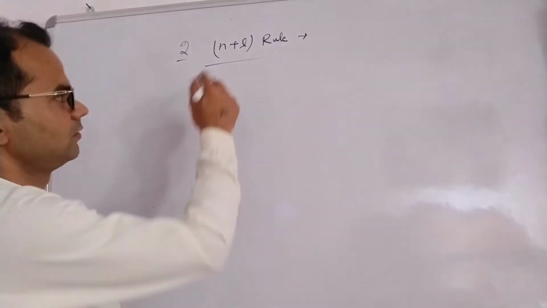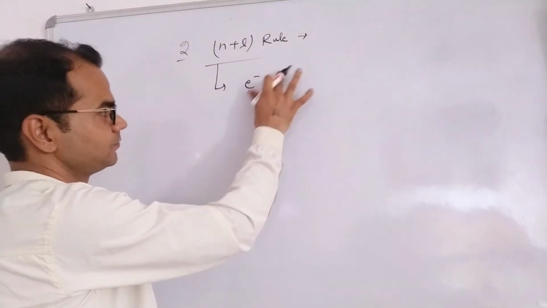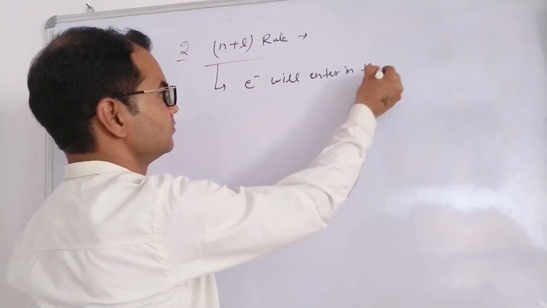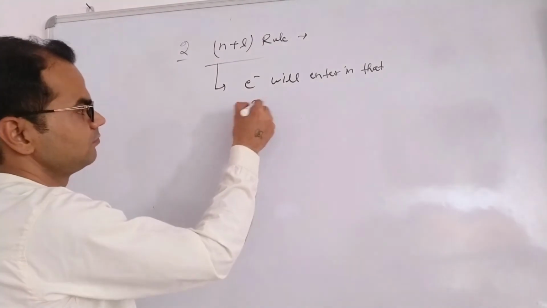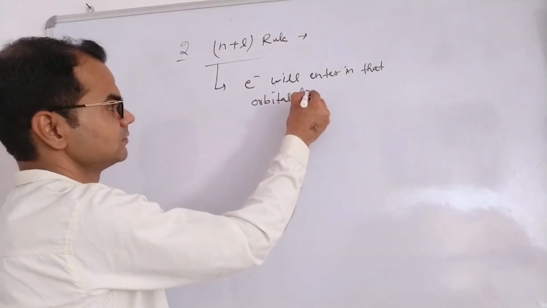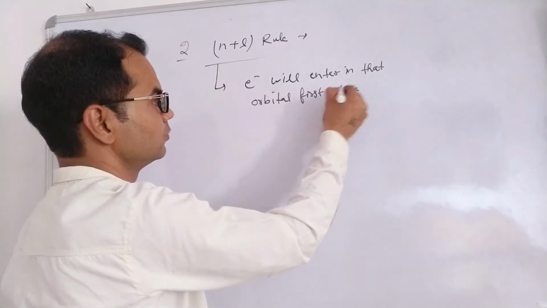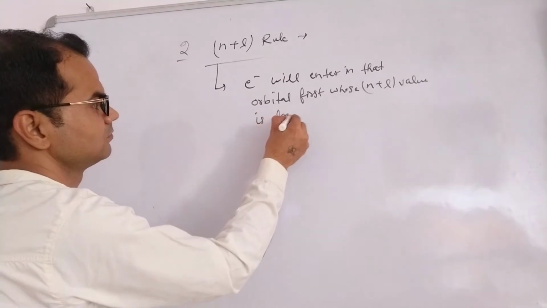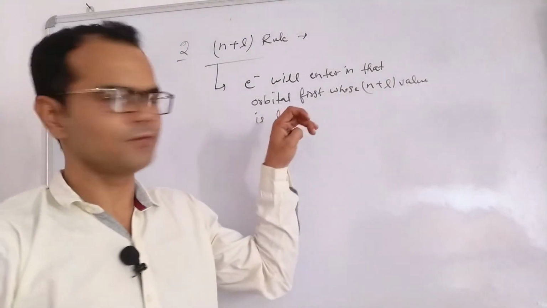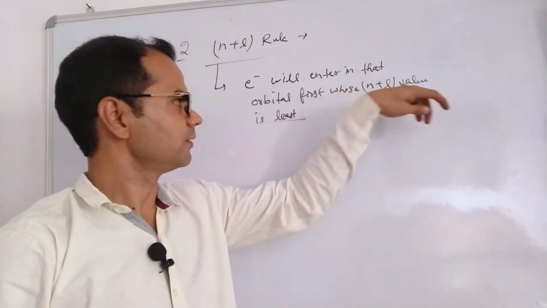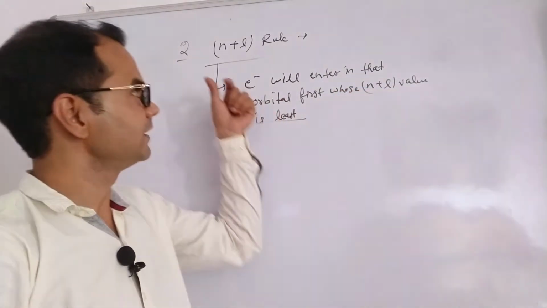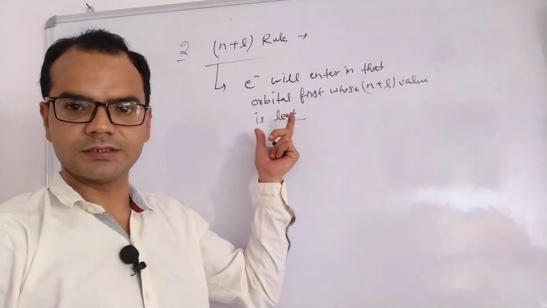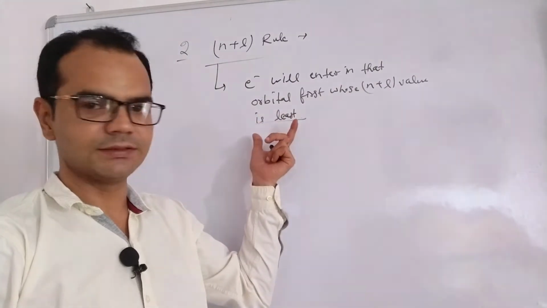According to this rule, electrons will enter that orbital first whose N plus L value is least. By finding the N plus L values, we can represent the electronic configuration sequence of elements.